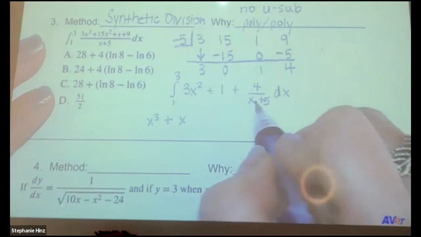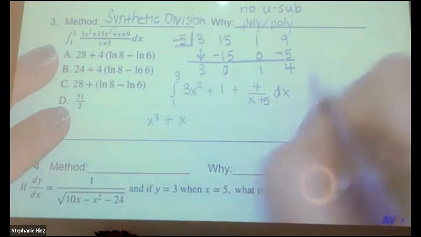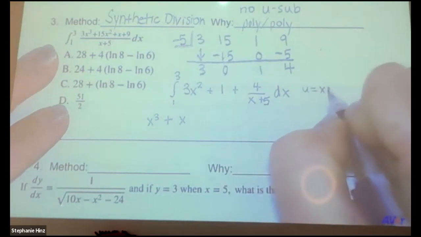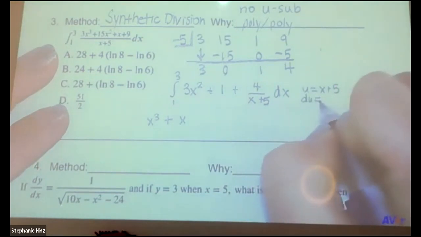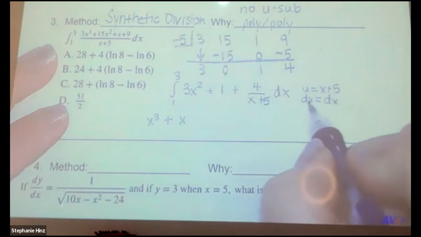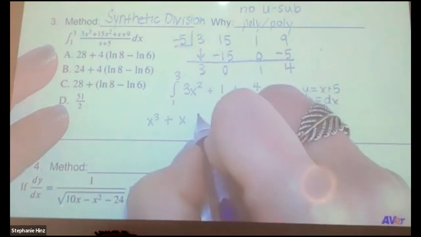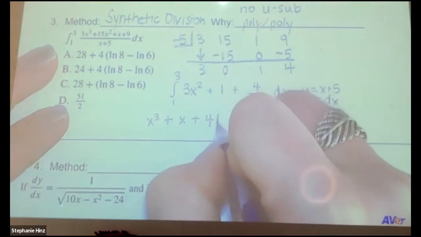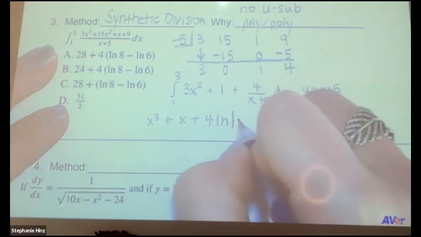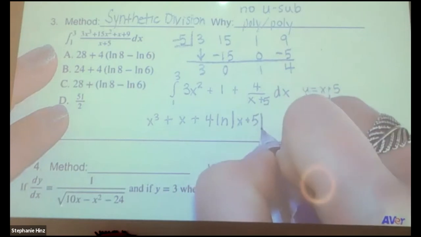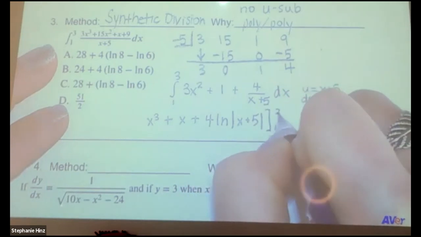Our u would be x plus 5. If you want to double check that, I don't know how far you are in the scope of doing this in your head. Remember, it would be 1 over u. So the antiderivative will be natural log absolute value of x plus 5. And we're evaluating that from 1 to 3.